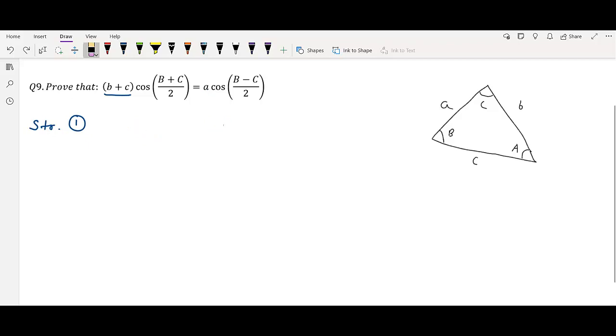So in these questions, before I begin solving the question, I like to gather these lengths b, c and a on just one side. What I mean by that is, for instance, in this question I have b plus c on the LHS and I have a on the RHS.